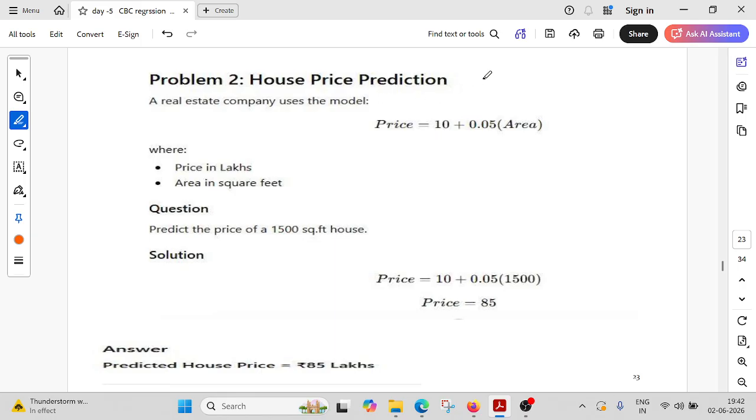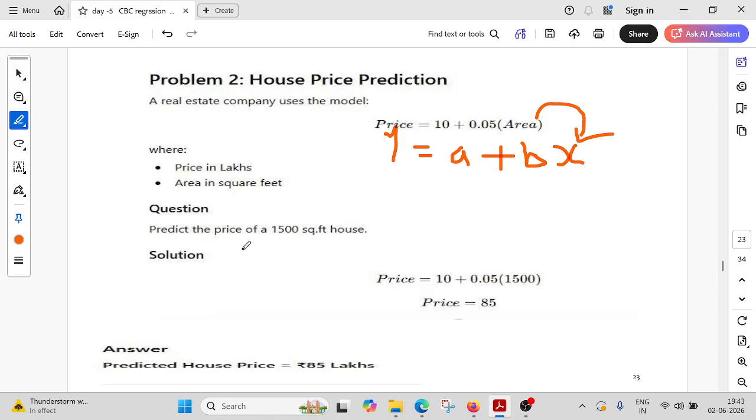The second data set we have taken is price prediction. Here we have taken a real estate company. Y equals a plus b x, where the price is in lakhs and the area in square feet is the x.